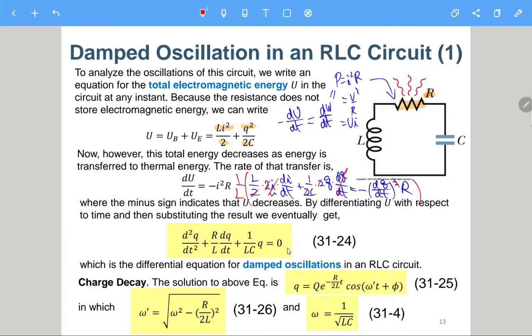So different from the previous case, we also have this term, rather than just the second order term and the zero order term. We also have the first order term, so this is still a second order linear constant coefficient ODE. And of course, for this one, the solution will be this case.